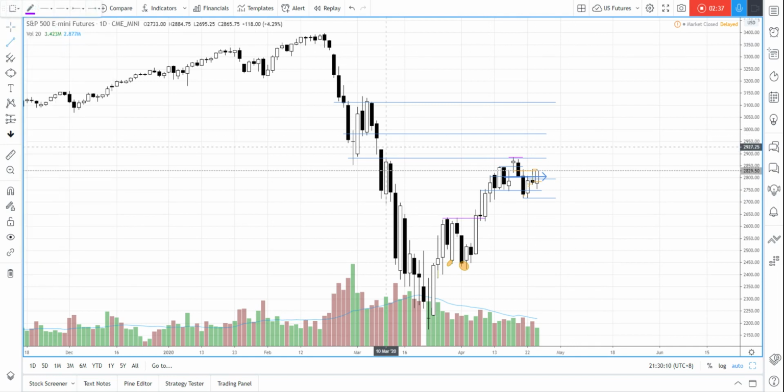If I'm a daily trader and I want to draw a trend line, first of all, I always want to connect these first two swing highs. It's quite clear that this is the first swing high, and this is the second swing high.